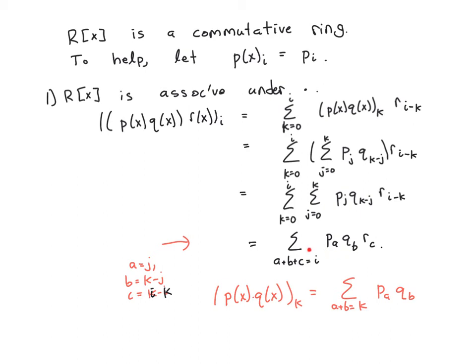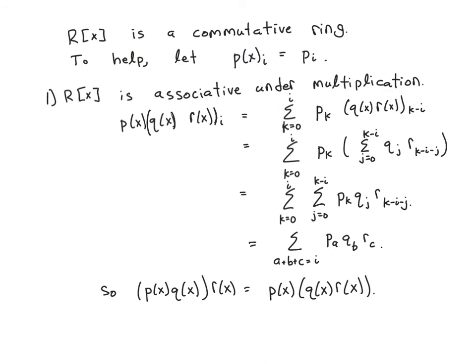So what's the advantage of this formula? Well, if you ever have to multiply three polynomials and you want to figure out what the coefficient of x to the fifth is, this gives you a shortcut for how to figure that out. Don't multiply all three polynomials, just figure out all ways to write 5 as a sum of three integers and multiply only those corresponding coefficients.